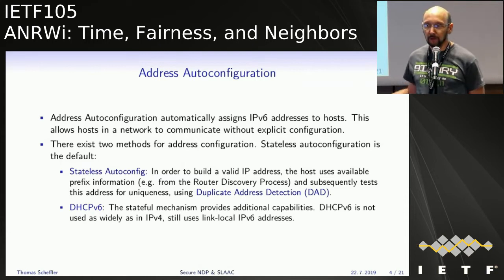As I said, you can also use DHCPv6, but it's not as widespread as in IPv4, and a lot of people never implement it. Even if you implement it, you still have to do some of the first steps in the auto-configuration process.